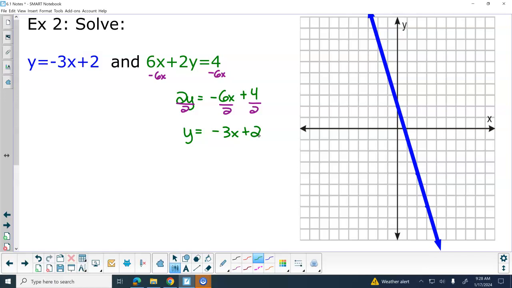Okay? Now, I will tell you that if this were a test, quiz, formative, homework, both of these are the solution, the answer, what you need to produce.